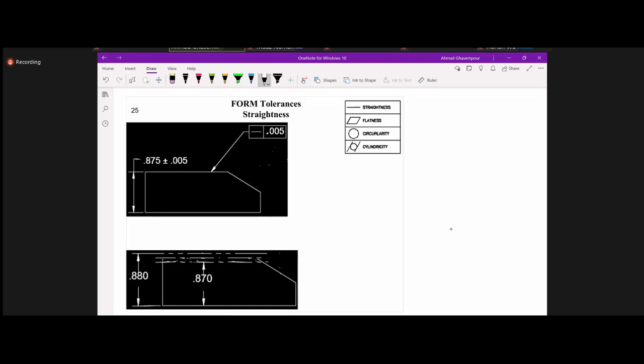So even without this tolerance, there is a limit on how straight any point on the top of this has to be, right? So if this is the part, right?